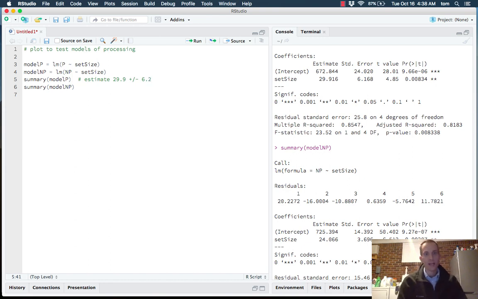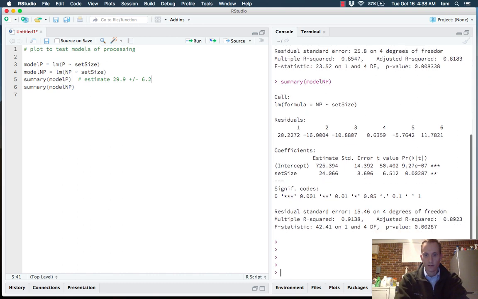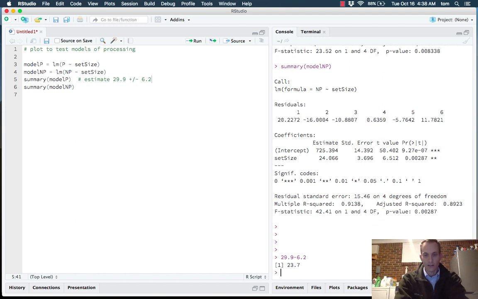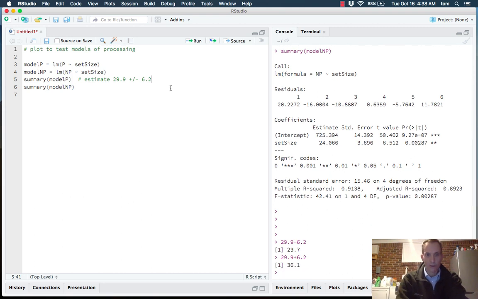Okay, so it could be anywhere from 29.9 minus 6.2. Sorry, I can't type this morning. There's a low end of about 23.7 to 29.9 plus 6.2, to about 36.1. So our confidence interval on our slope is 23.7 to 36.1. Okay? So it's a wide range, right?